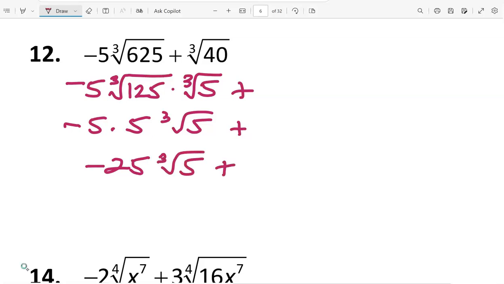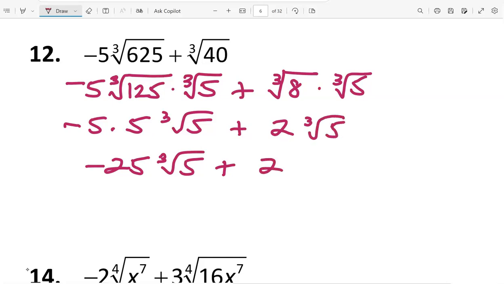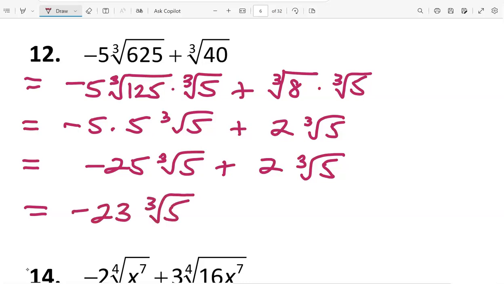And then the cube root of 40 has a perfect cube factor of cube root of 8. Cube root of 8 times cube root of 5. So that's plus 2 times the cube root of 5. And now we can combine our like terms. Negative 25 times the cube root of 5 plus 2 times the cube root of 5 is negative 23 times the cube root of 5.